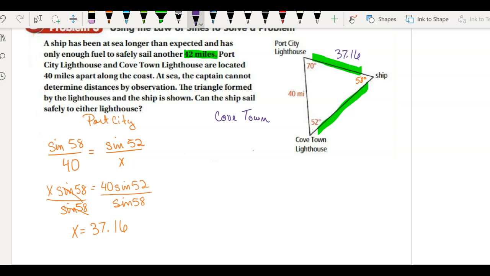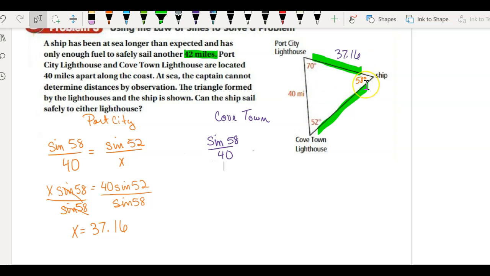For this one, we're going to start off like we did a while ago. We're going to start with the information that they give us. That's the information that we're going to use when writing our equations, because 37 or 37.1 or 37.16 is all going to have rounding error.